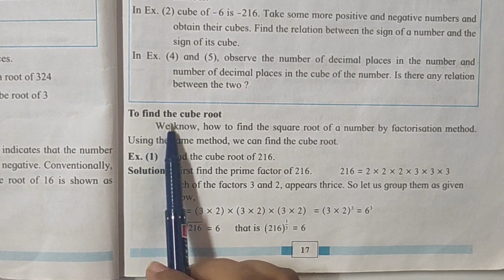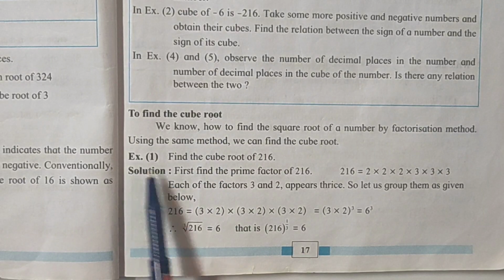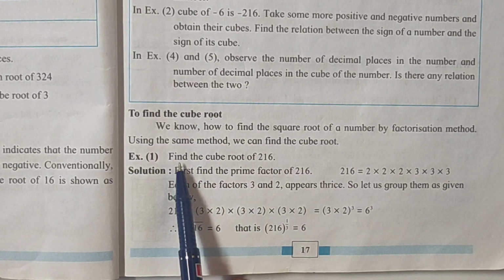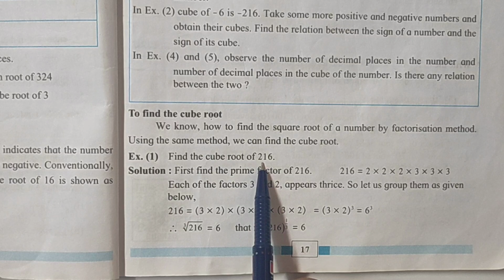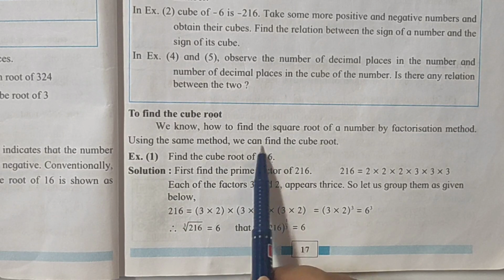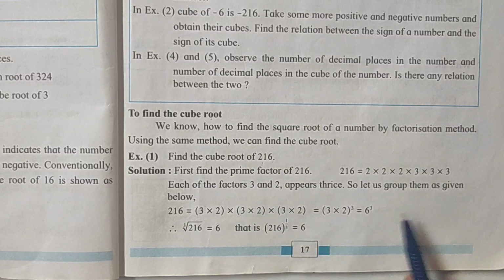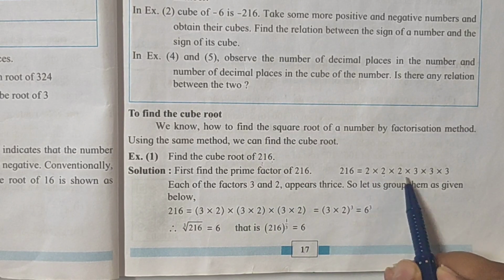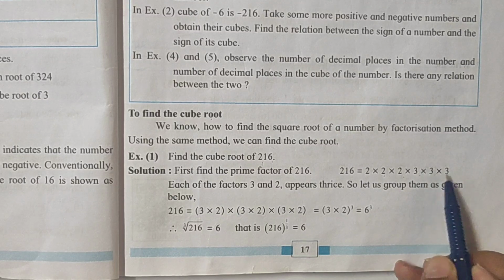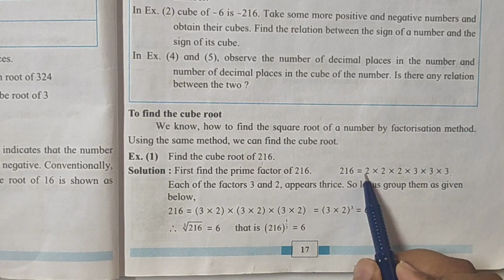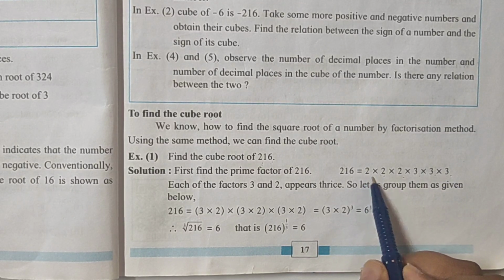Now to find the cube root. First example is find the cube root of 216. You have to first find out the factors of 216, which are 2 into 2 into 2 into 3 into 3 into 3. And you will make pairs of 3.